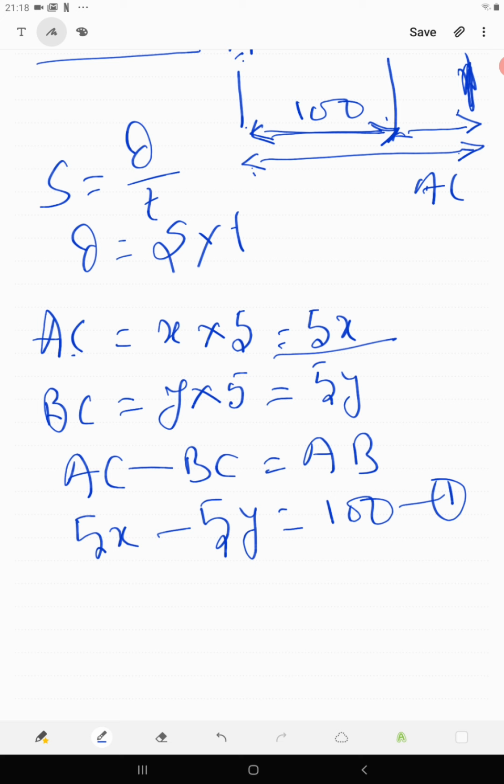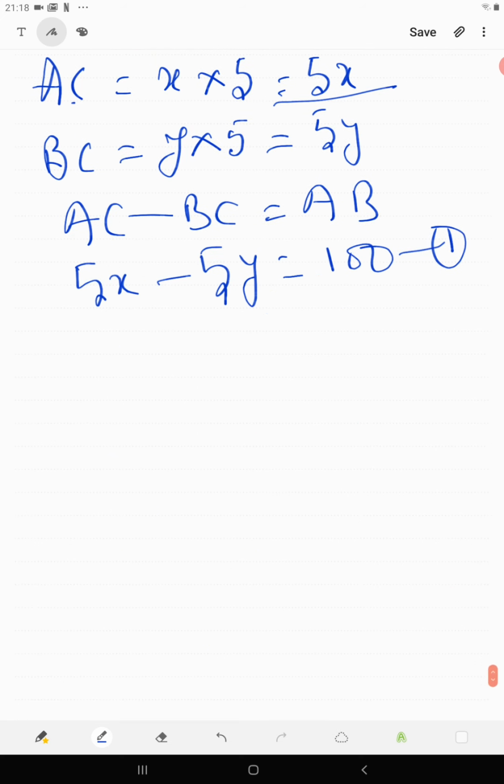Okay. Now, the second problem. In this case, both are traveling in the same direction. Suppose this is the point of meeting, and they meet in 1 hour. So if this is A, this is B, car A is traveling from A to C in 1 hour.